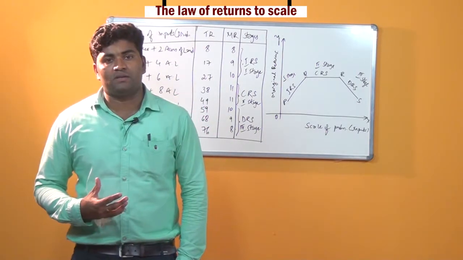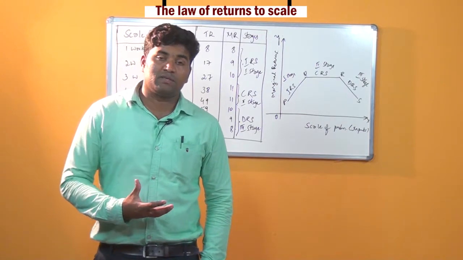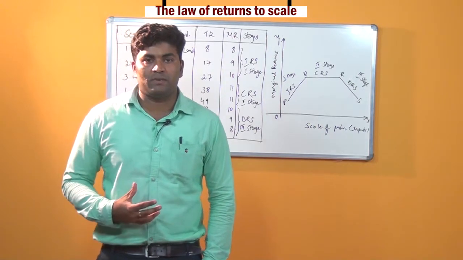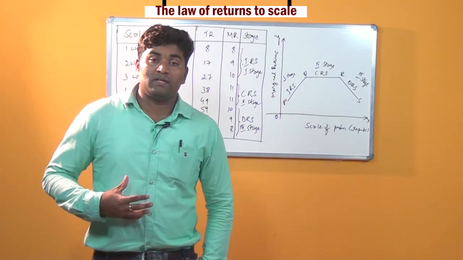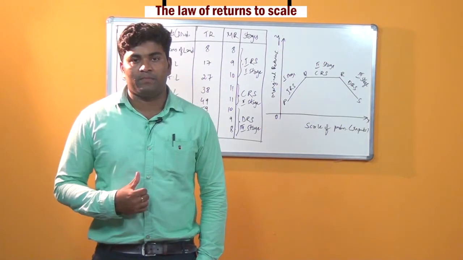Under production function, we have 2 forms: short-run production function and long-run production function. Short-run production function explains the functional relationship between factor inputs and output in the short run.